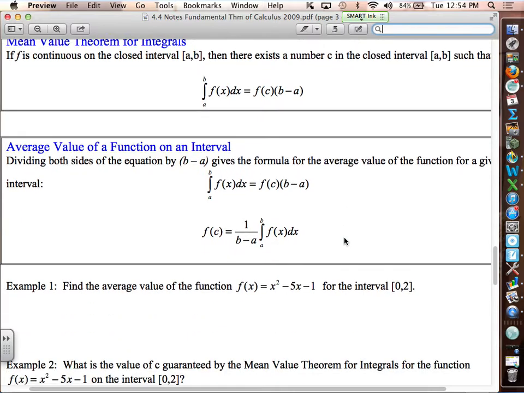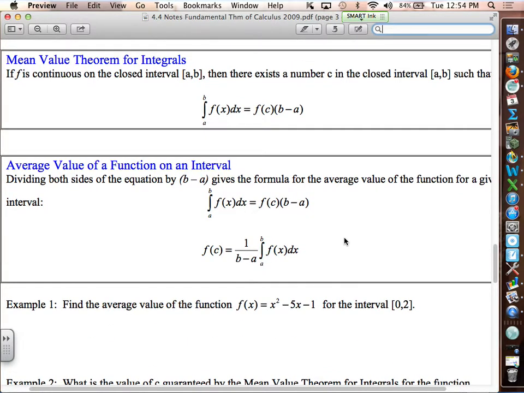So the mean value for integrals, that's this formula that we came up with right here. This was the area of the rectangle, and then this is the area under the curve. We wanted those two things to be equal.